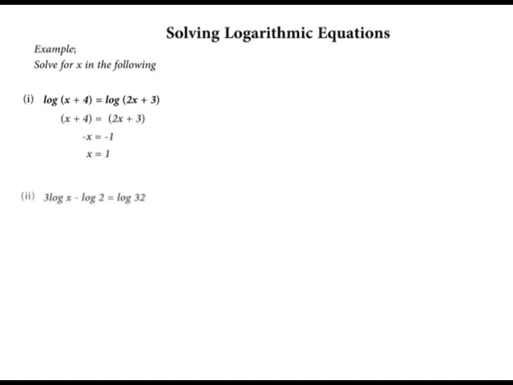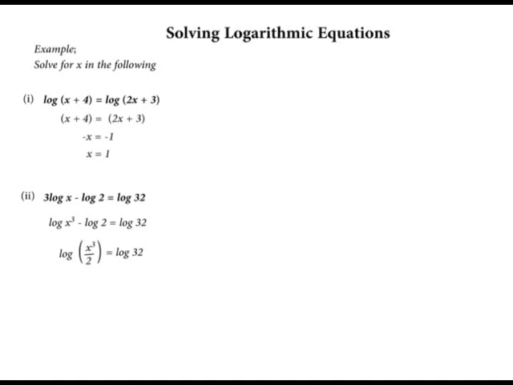Second example, 3 log x minus log 2 is equal to log 32. Applying rule 1, we shall have log x raised to power 3 minus log 2 is equal to log 32. Applying rule 3, log of x raised to power 3 over 2 is equal to log 32.